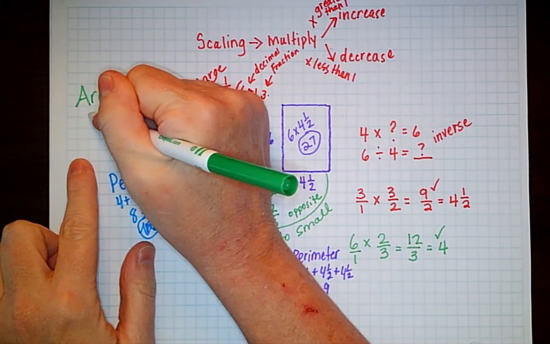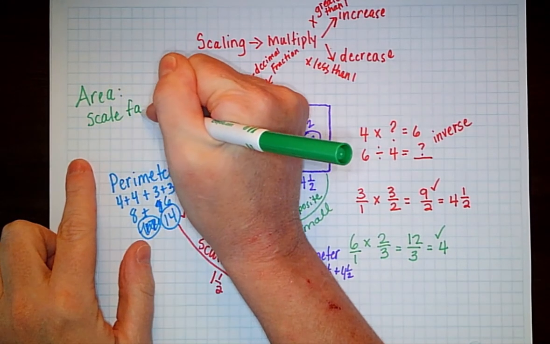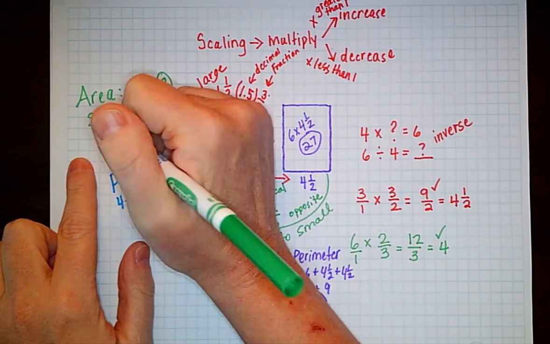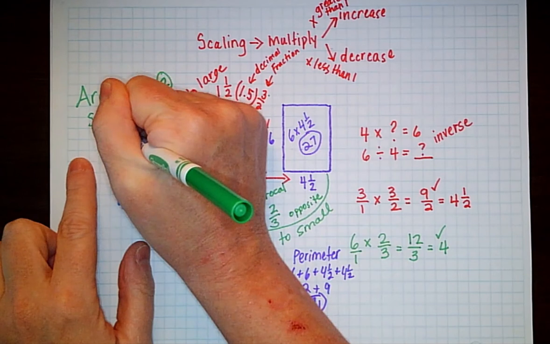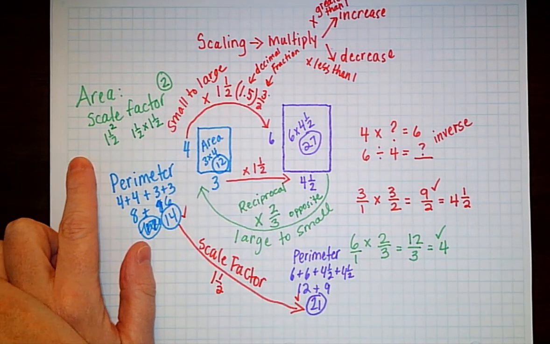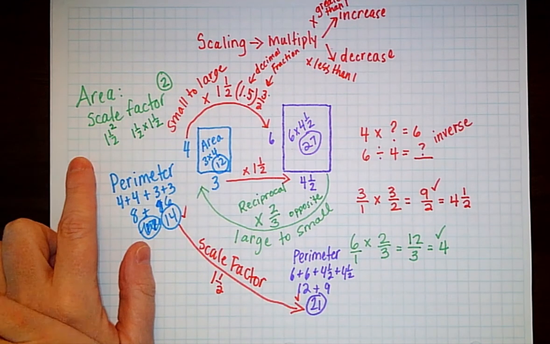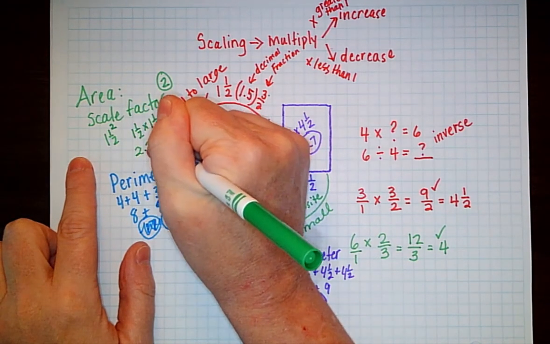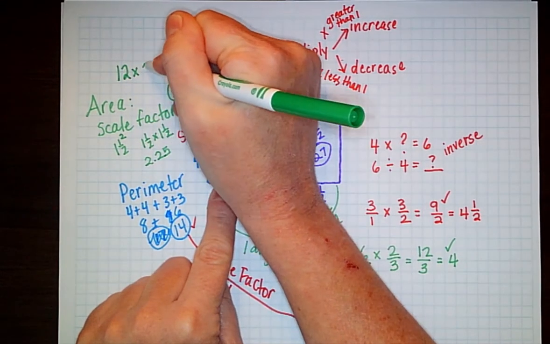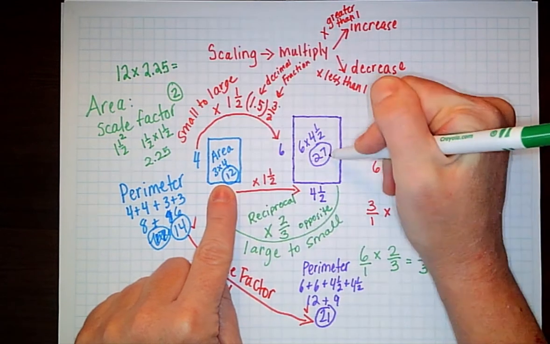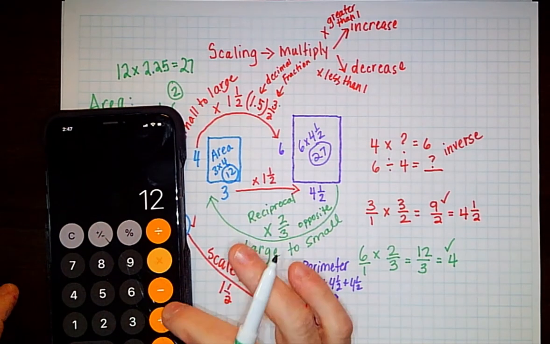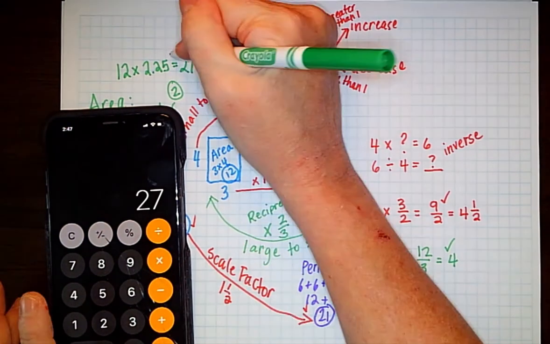Area uses the scale factor squared, to the second power. So what's our scale factor? 1.5 squared is 1.5 times 1.5, which is 2.25. Let's test: 12 times 2.25 equals 27. Check.